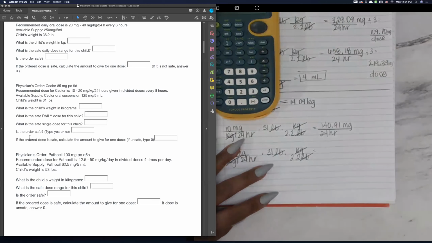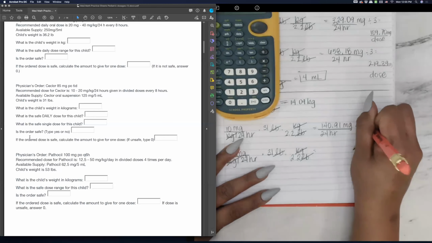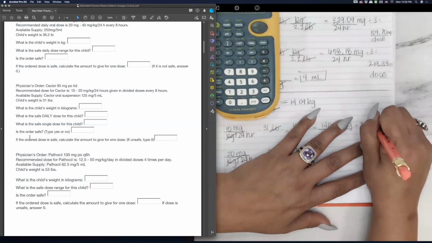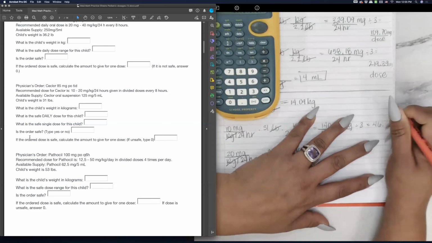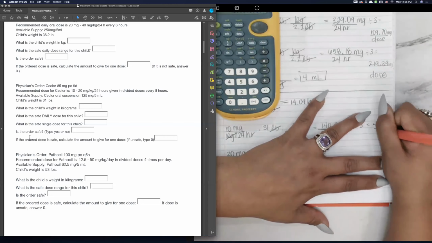And the C-chlor is divided in doses every 8 hours. So again, you would be administering this 3 times a day. So divide by 3 is 46.97 milligrams per dose.